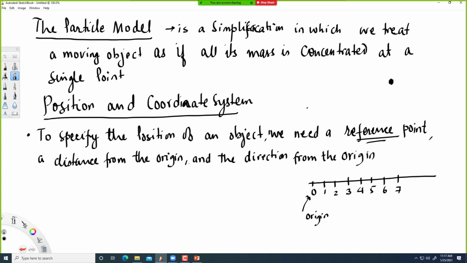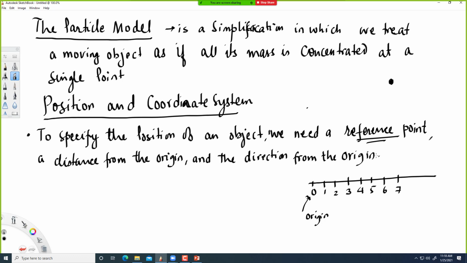So by knowing these things, we can specify my position, where I am. If someone asks you where a particular star is located, you cannot answer that. First, you need to know the reference or origin. Do you want to measure the star with respect to the Earth, or with respect to some other star, or with respect to the sun?